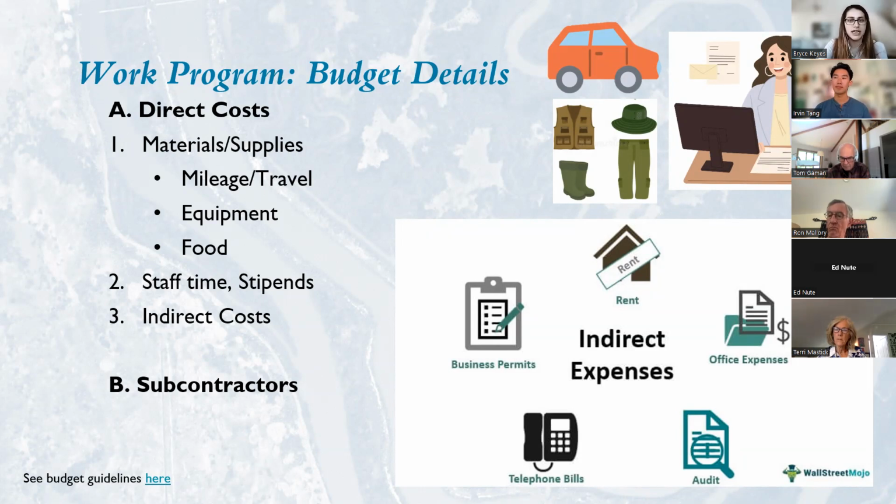And then indirect costs. So indirect costs are charged as a percent of your overall grant, and they cover costs that your organization may incur, such as rent or electricity, telephone bills, other office expenses.